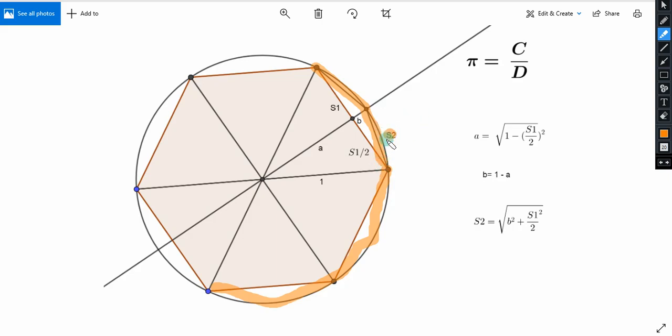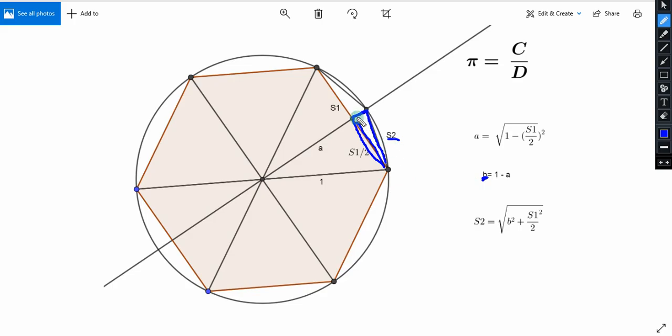So we can find the length of the new polygon's side, S2. How can we find this? Here also, this value B we know, this length S1 by 2, and the new polygon's one side is the hypotenuse S2.